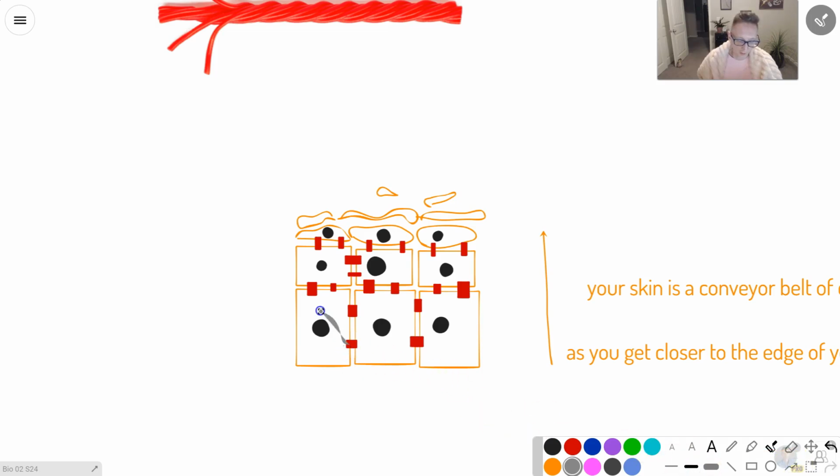So these keratin filaments, what's going on? There'd be more over here. I just didn't draw these. And this really kind of helps spread out the force tied into these cells.